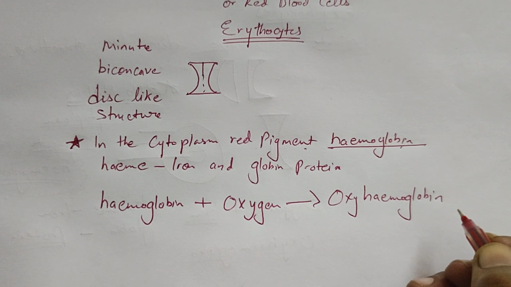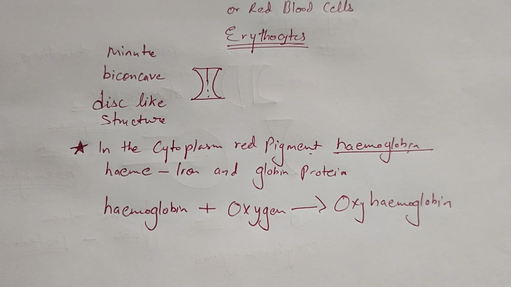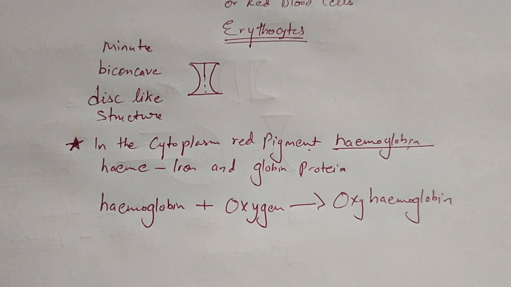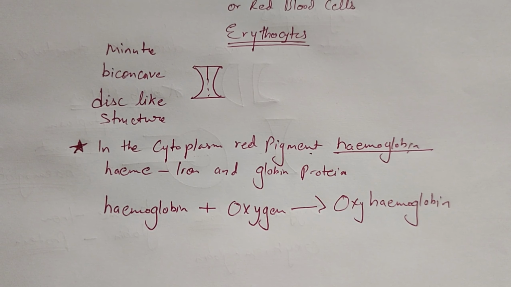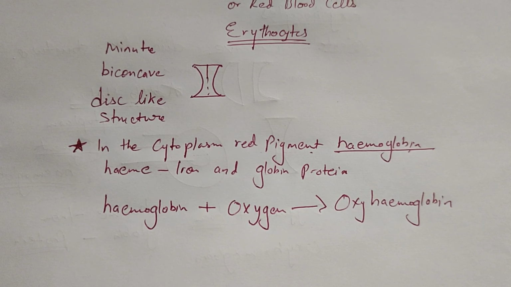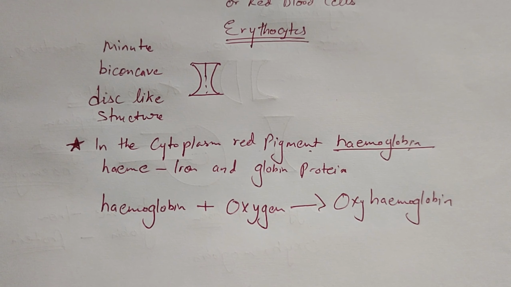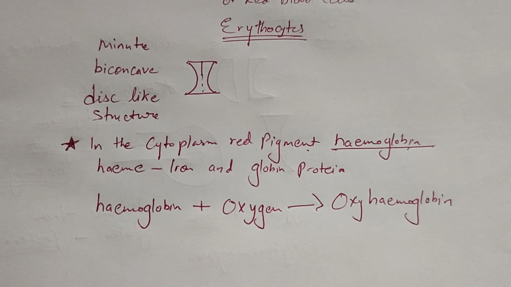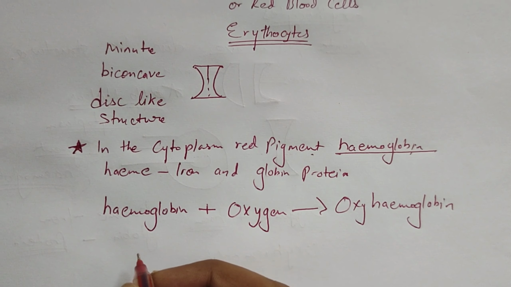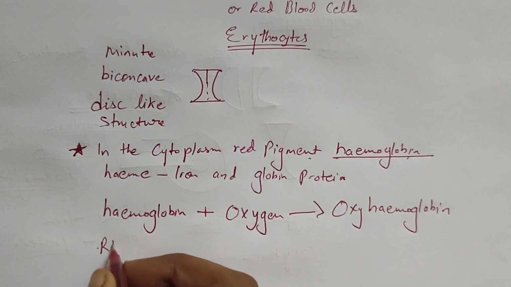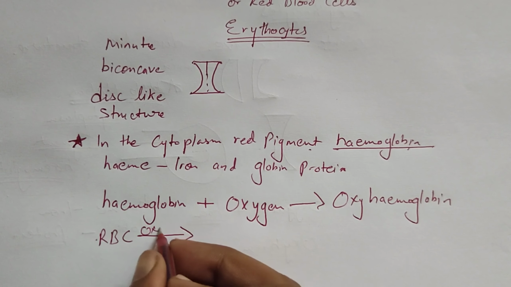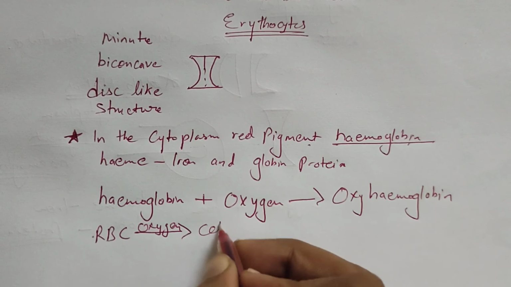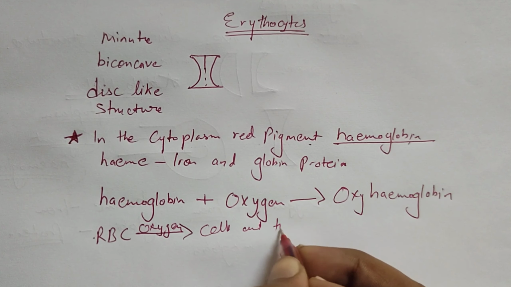But where there is low oxygen concentration in your tissues or in your cells, wherever the concentration of oxygen is low, RBCs help to transport the oxygen to various cells, tissues, organs, etc.